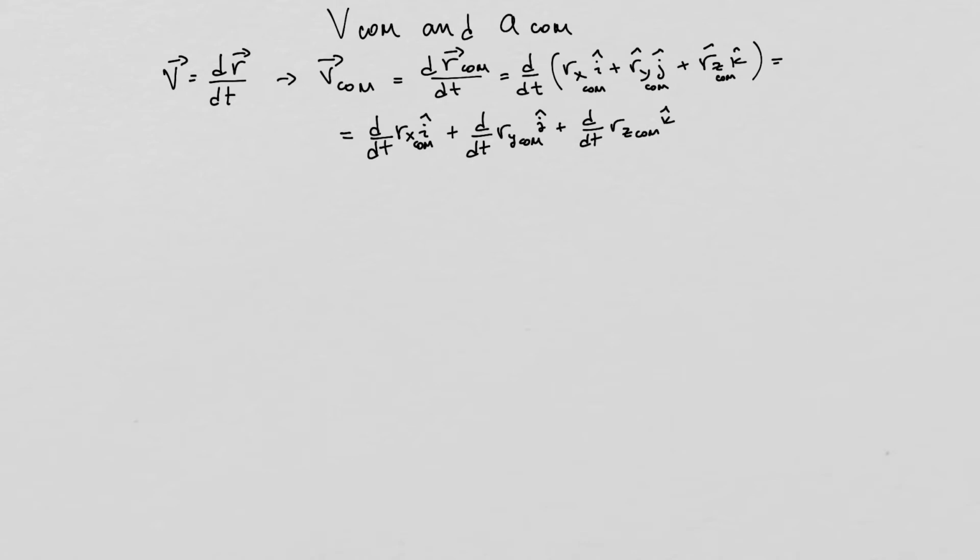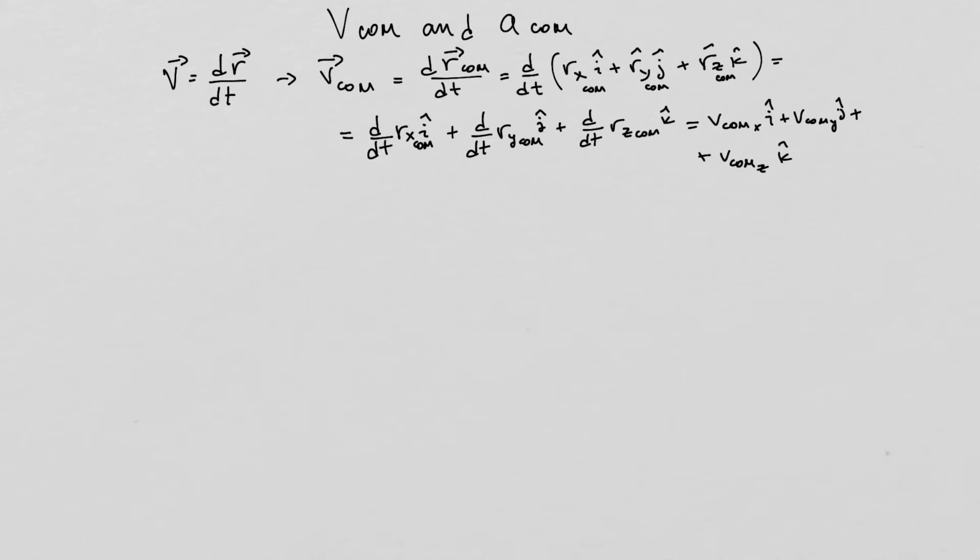Or in other words, this is v COM x i hat plus v COM y j hat plus v COM z k hat.